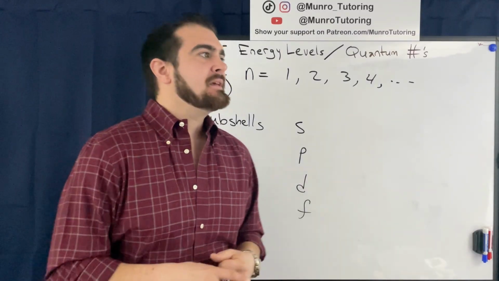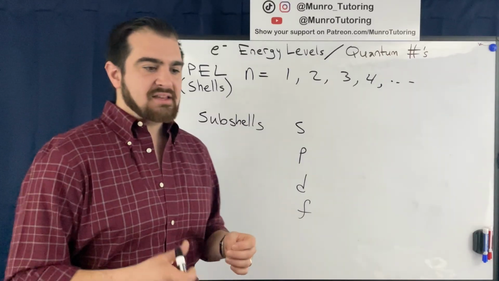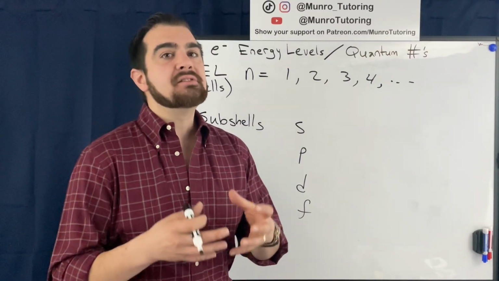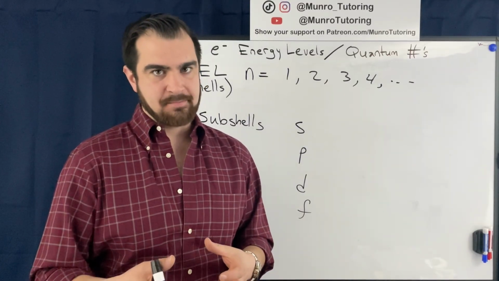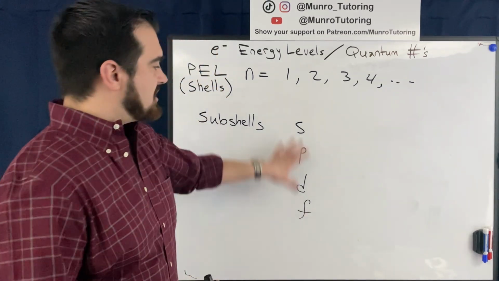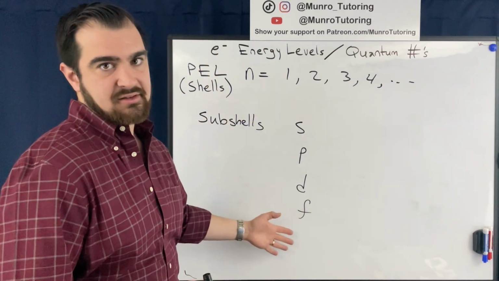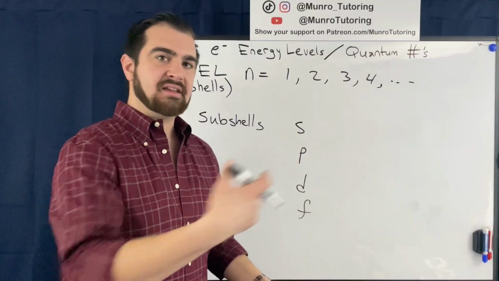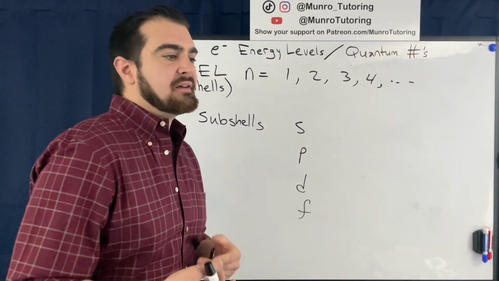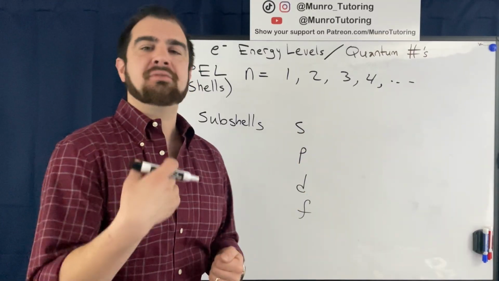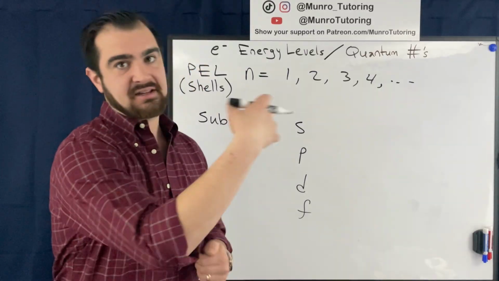An orbital is a space that holds up to 2 electrons. I'm going to make a little chart here for the subshells and how many orbitals they contain, and the max number of electrons that each subshell can contain.